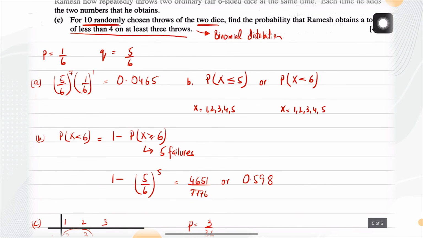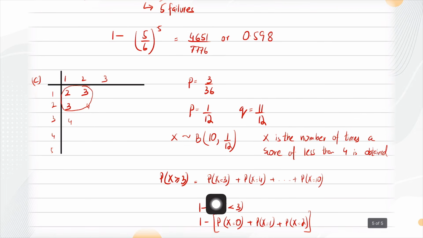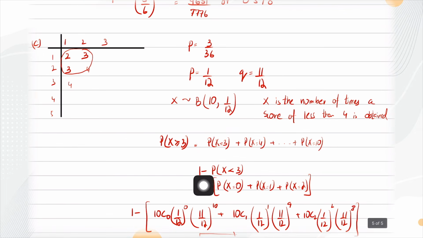Okay. Now the question says find the probability that Ramesh obtains a total of less than 4 on at least 3 throws, from a total of 10. So that could mean 3, 4, 5, 6, 7, 8, 9, 10, which is obviously not feasible. So instead, what we did was we took 1, which is the total probability, and subtracted from it the probability that a sum of less than 4 is obtained fewer than 3 times.